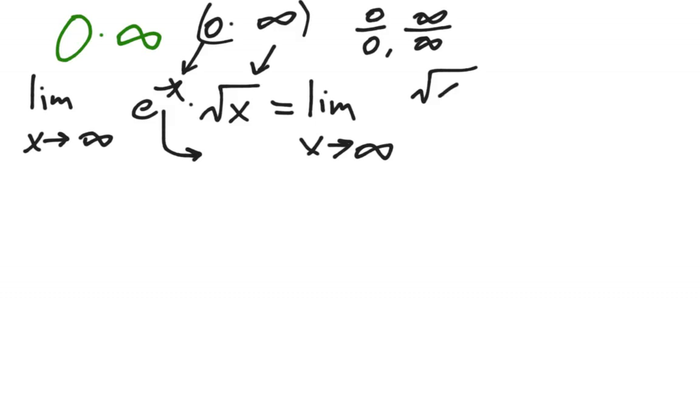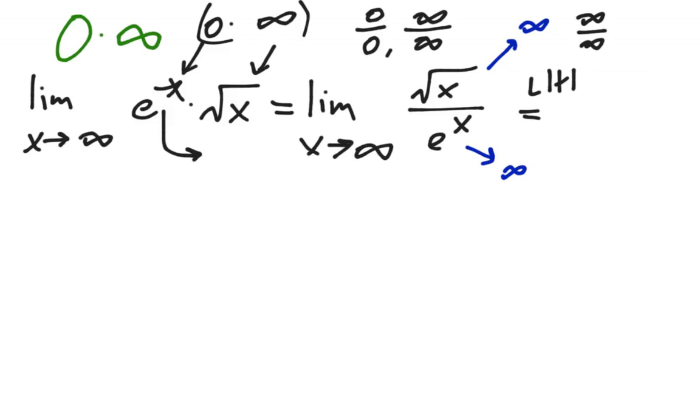And so I would have the square root of x divided by, if I dropped e to the negative x down, e to the positive x. Now let's check by plugging in infinity. If I plug in infinity, the top goes to infinity. Oh, and now the bottom also goes to infinity. Therefore, because I have the indeterminate form infinity over infinity, now I can do L'Hopital's rule and go from there. So that's a strategy for doing that.